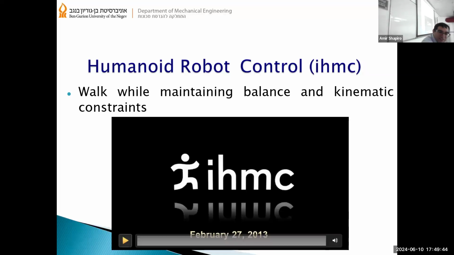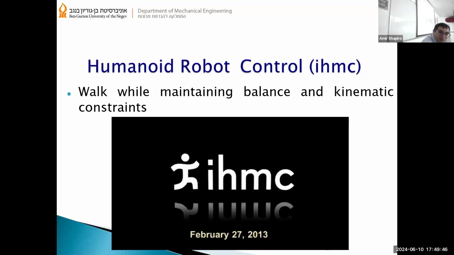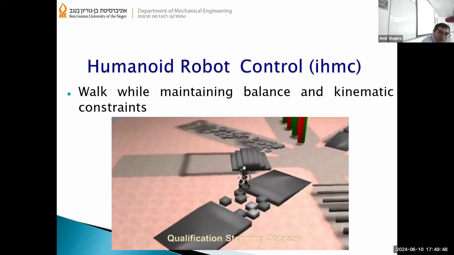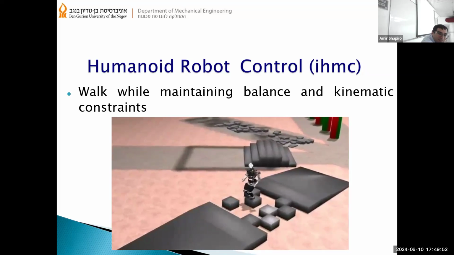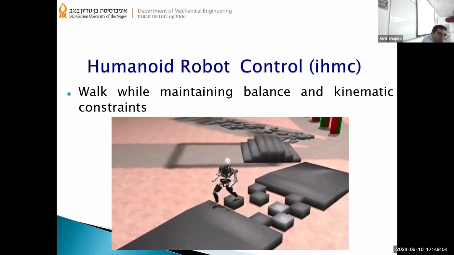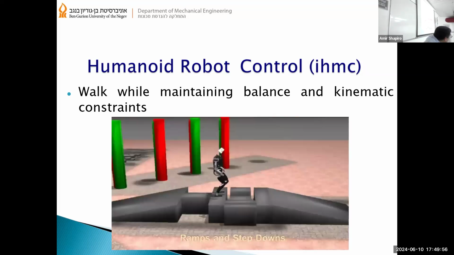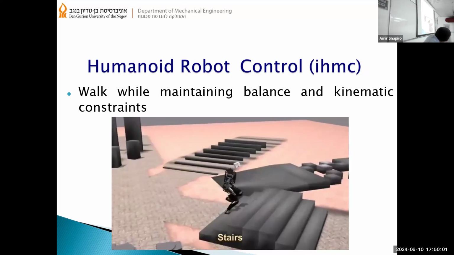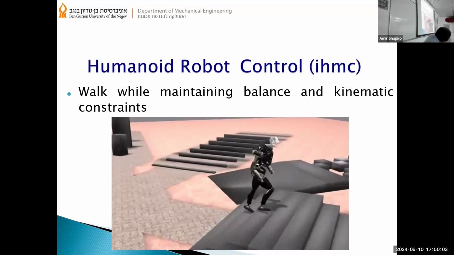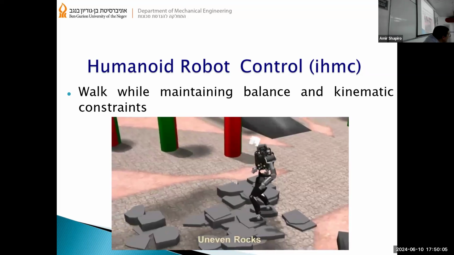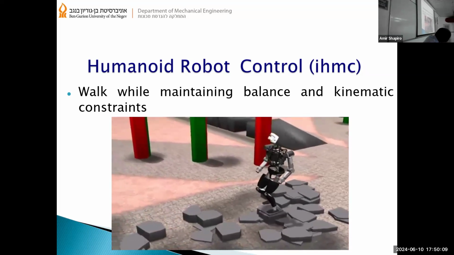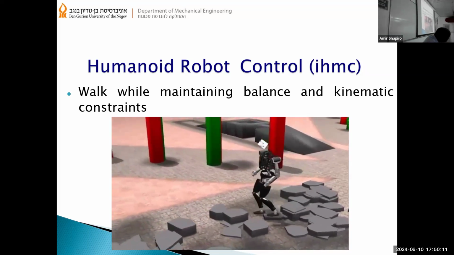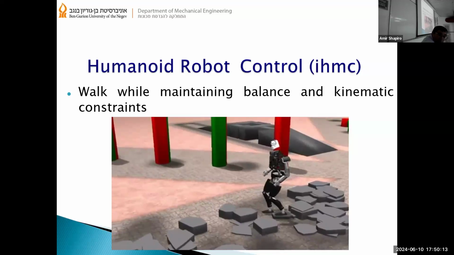You see, this is another humanoid robot example from about 10 years ago. This was the DARPA Robotics Challenge. This is a simulation, but still, playing the motion here is very difficult.